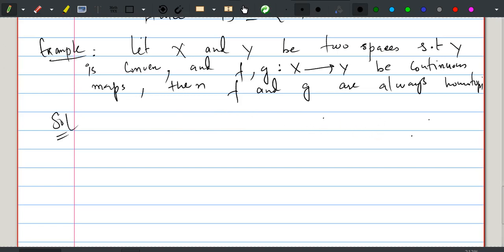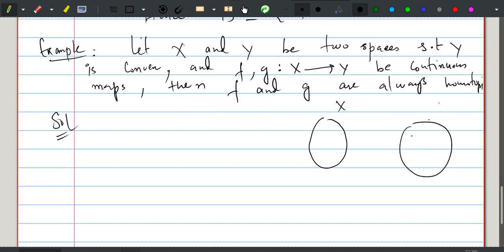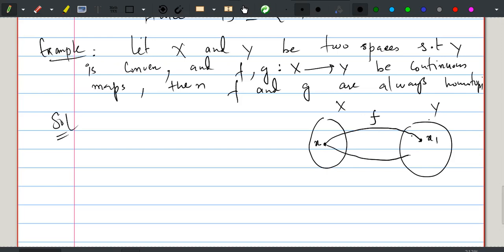If this is space X, this is space Y. Now let us fix a point here, say this is point x. Suppose that this x is mapped to point x1 via f, and the same x is mapped to x2 via the map g.